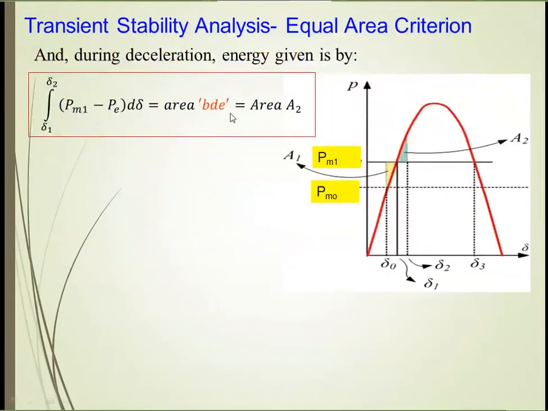Sir, from the equation, it looks like a square area. It looks like a square. Why do you say square? Because this is a rectangular area, I mean to say that delta includes this length and this part also.